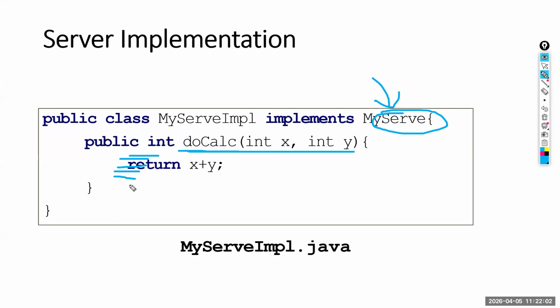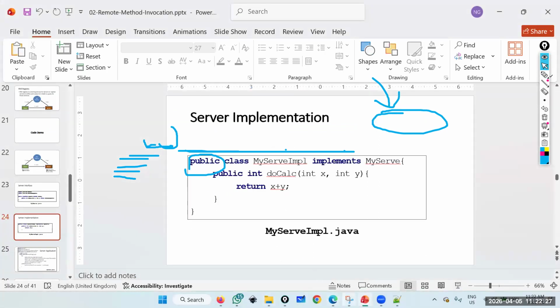We don't care. Maybe you can connect to databases or whatever you want. In this case, because our task is just calling a remote method, I just send the sum of the two parameters you are sending, because it says return int. So that is what my server implemented.